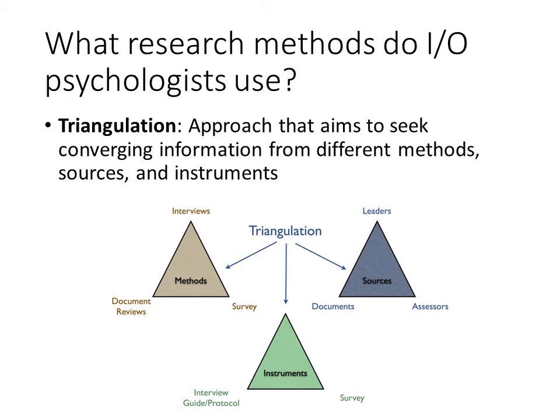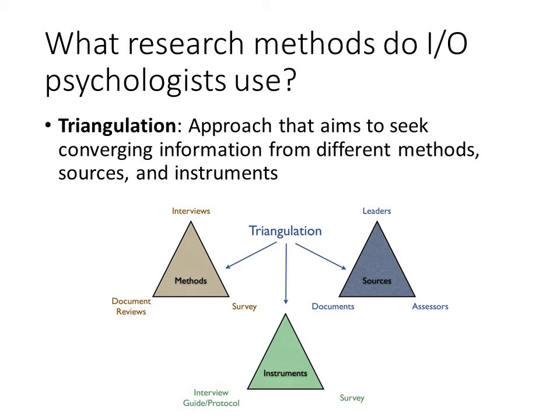We might use both qualitative and quantitative methods to look at job satisfaction. We might find that with a survey, Department A has lower job satisfaction, but through the interviews that we conduct with employees in Department B, we find out why the other employees are likely suffering as well.